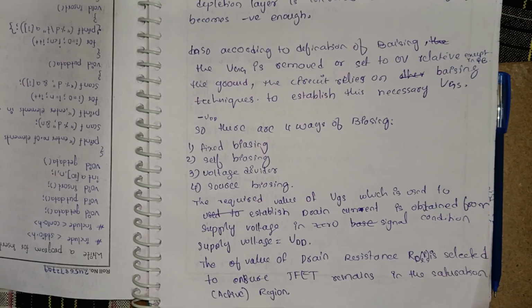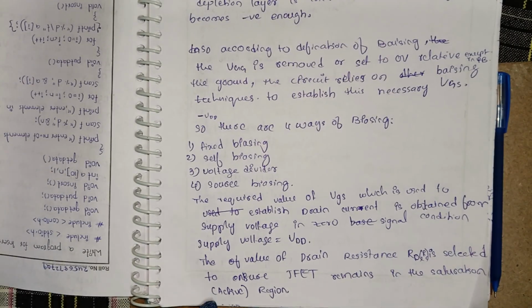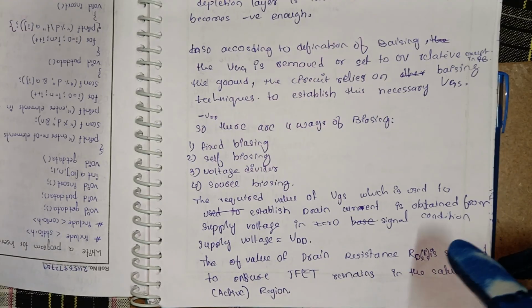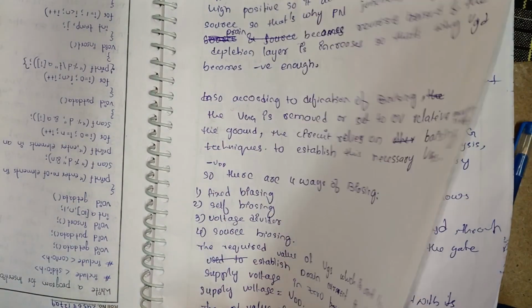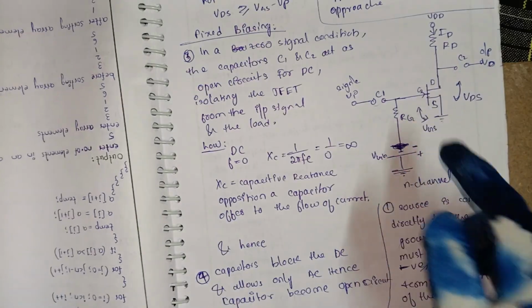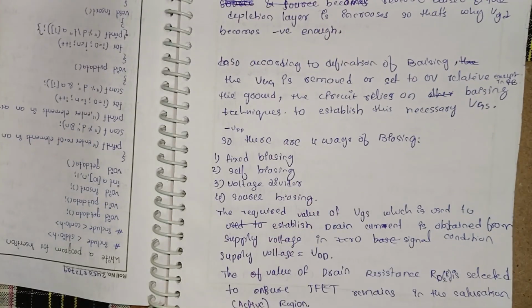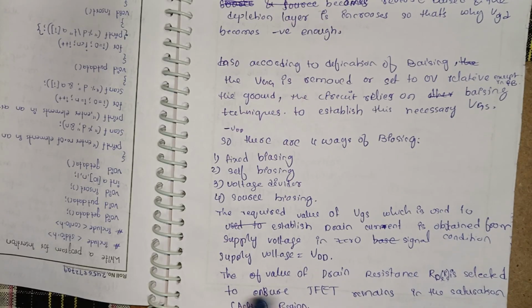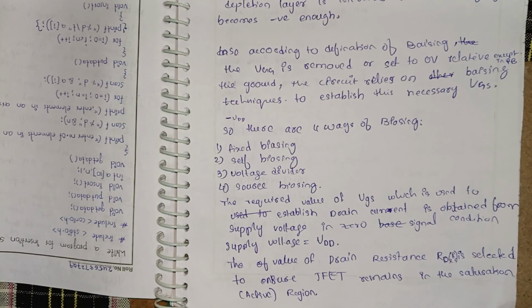And then the value of drain resistance RD is selected to ensure the JFET remains in the saturation region. Here is the RD resistor.